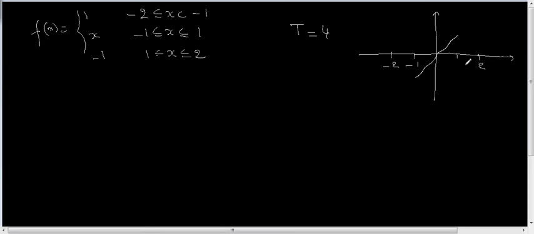Between 1 and 2, f of x is -1. And between -2 and -1, f of x is 1. Now what you can notice here is there is a symmetry at 0. What is here is reflected to this point, and this line is reflected to the other part. So we have 0 as central symmetry.